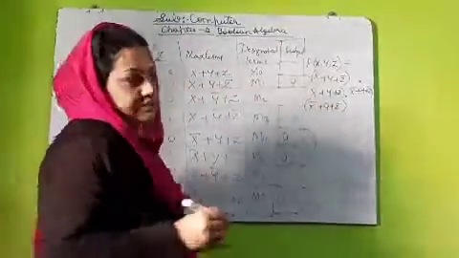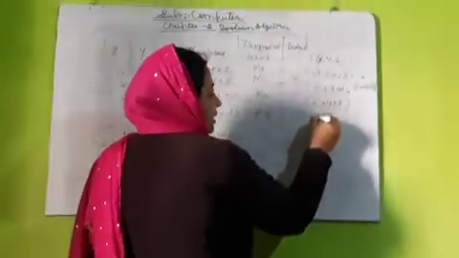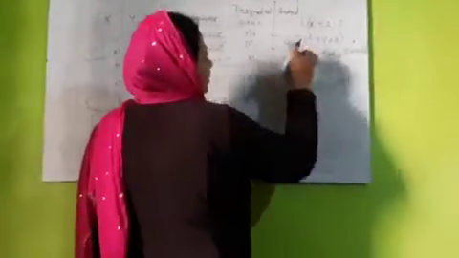So after writing the expression f of x comma y comma z is equal to, you need to write the designated terms.